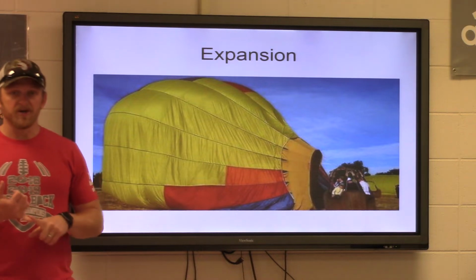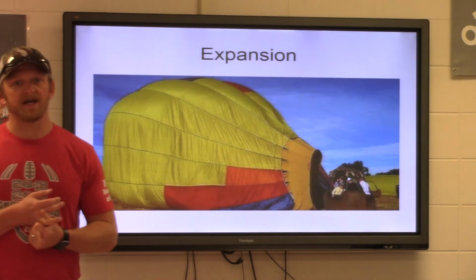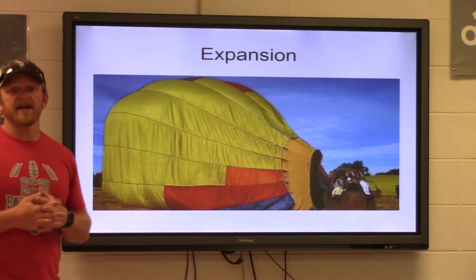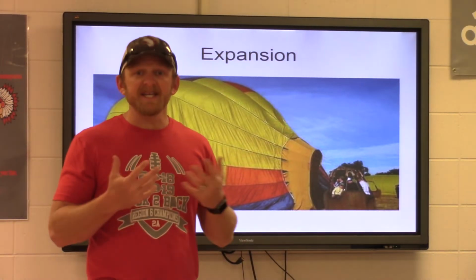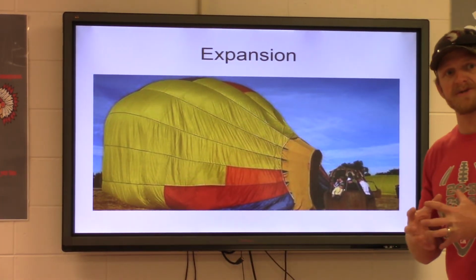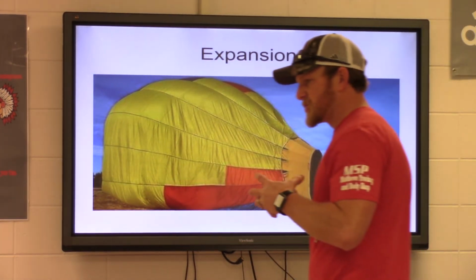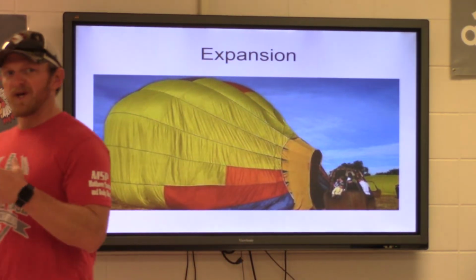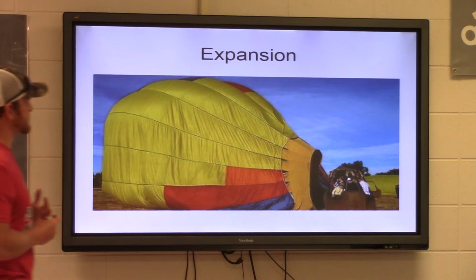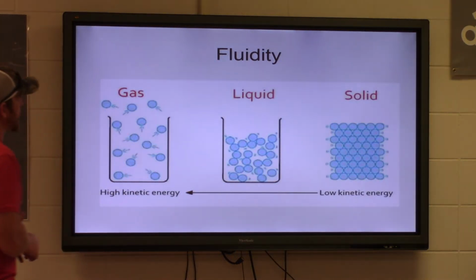As the pressure goes up, that means the temperature had to go up. Think about a helium balloon at home. Or just anything. Think about a bottle. If we heat a bottle up, the pressure inside that bottle begins to expand. If we cool it down, the bottle begins to shrink. So that is expansion.